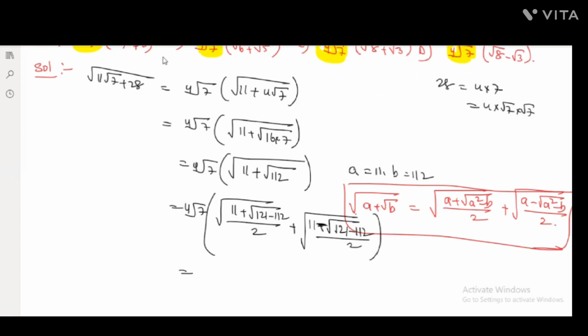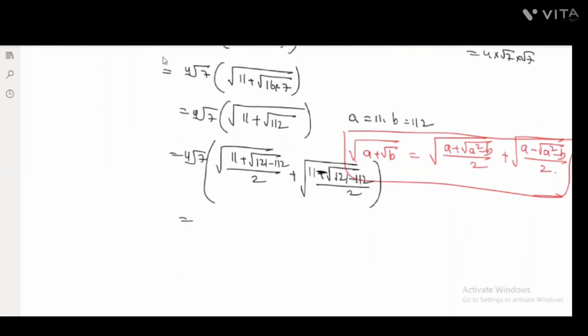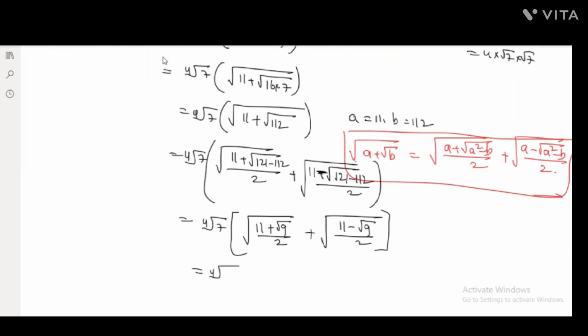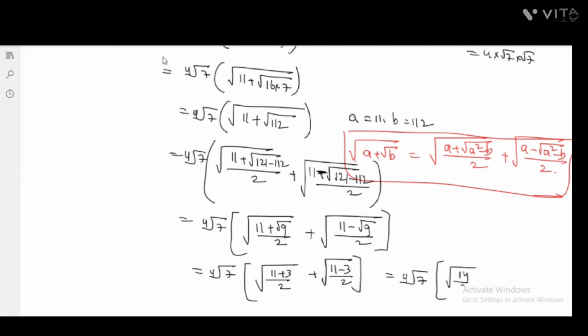So this is equal to, what we can write, 4th root 7 into root over 11 plus root 9 by 2 plus root over 11 minus root 9 by 2. So this is equal to 4th root 7 into root over 11 plus 3 by 2 plus root over 11 minus 3 by 2. So this can be written as 4th root 7 into root over 14 by 2 plus root over 8 by 2.